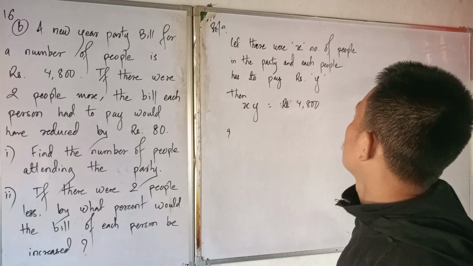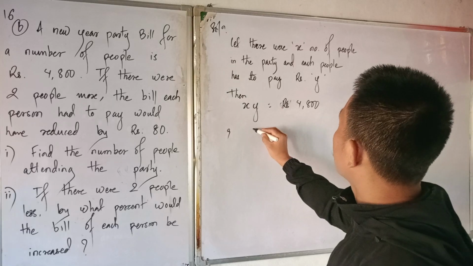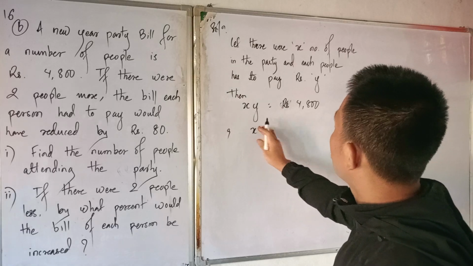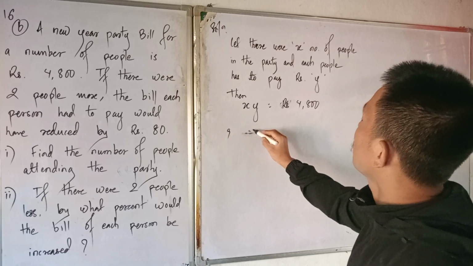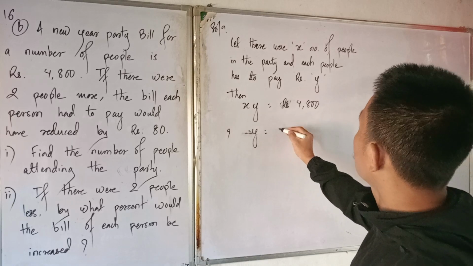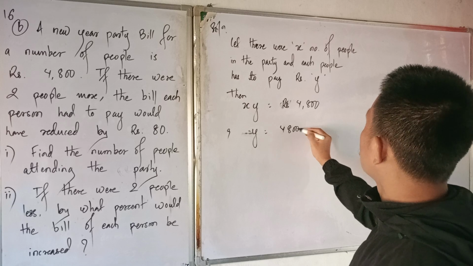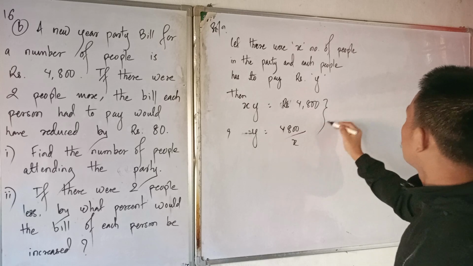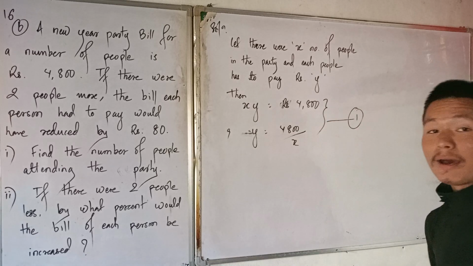From here you can also write, making y alone, y equals 4,800 divided by x.